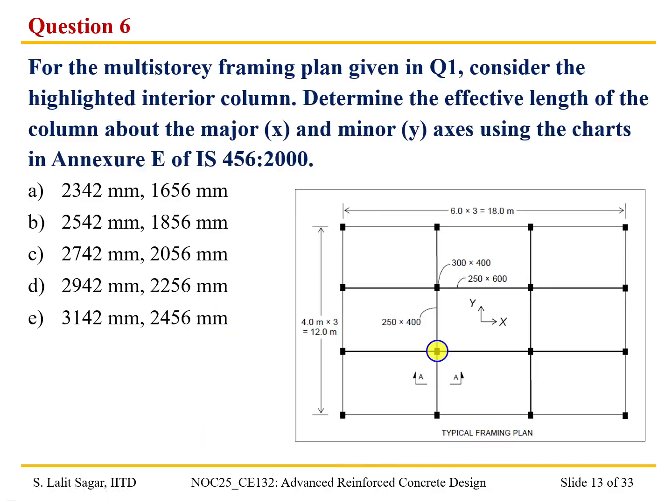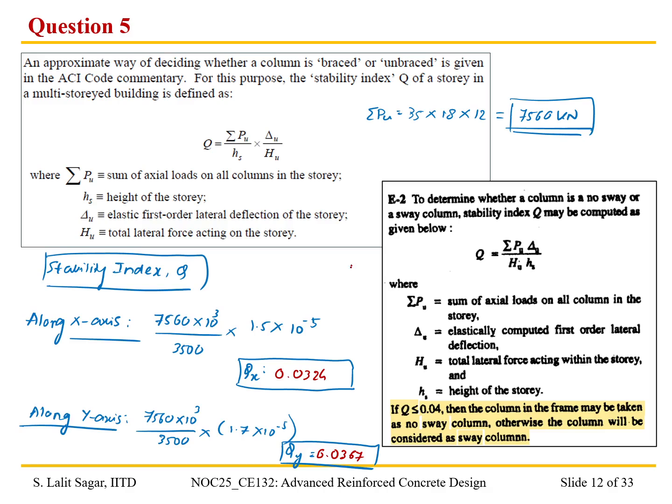One more conclusion we can draw from this: let us read this clause from IS 456 Annex E. If Q is less than or equal to 0.04, then the column in the frame may be taken as a no-sway column.